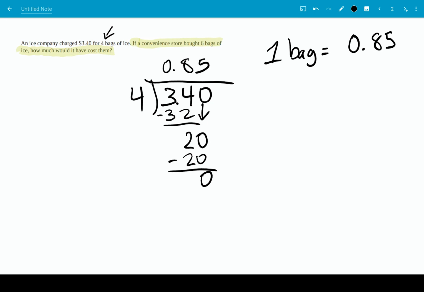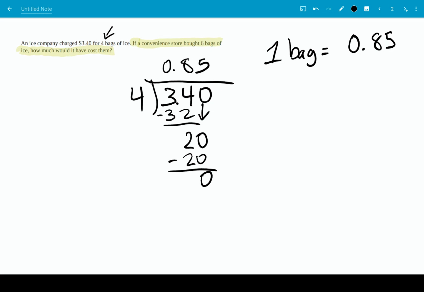Okay. Now, once I find out the unit price, I'm not done. So in this example, there'll be questions on the worksheets and also on the quiz where you have to be very careful when you're reading all of it. In this case, not only do I need to find out the unit price, but I also need to figure out the remaining question, which is if a convenience store bought 6 bags of ice, how much would it cost them?